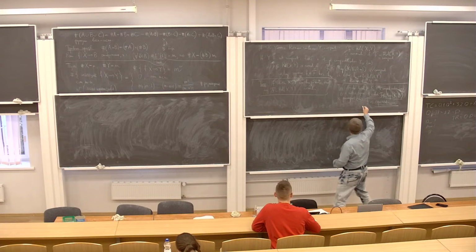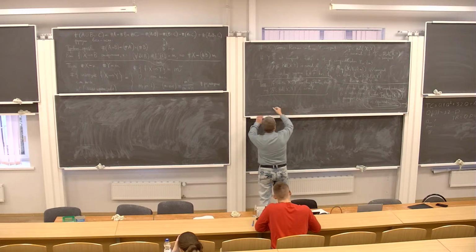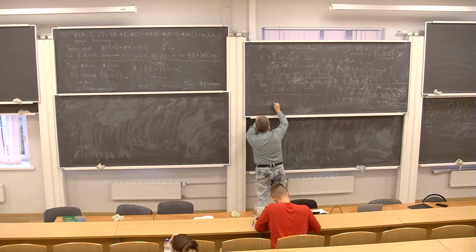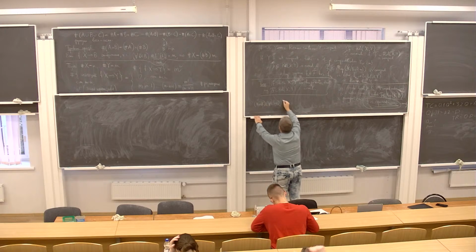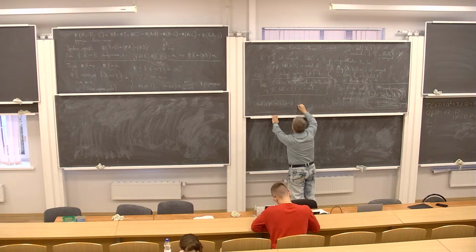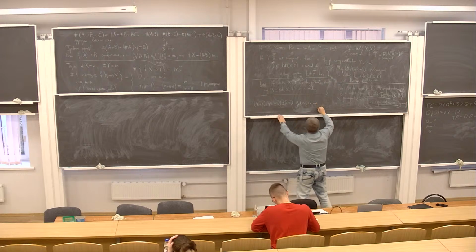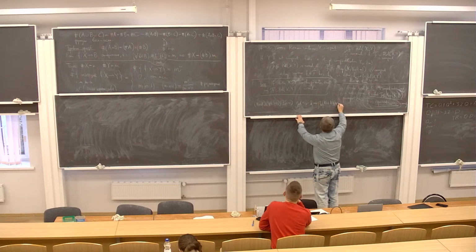So F is equicontinuous means the following. The standard definition of continuity: continuous at every point, so for any point in K and for every epsilon, there exists delta such that if the distance in K between points x and y is less than delta, then the distance in B between f of x and f of y is less than epsilon, right?